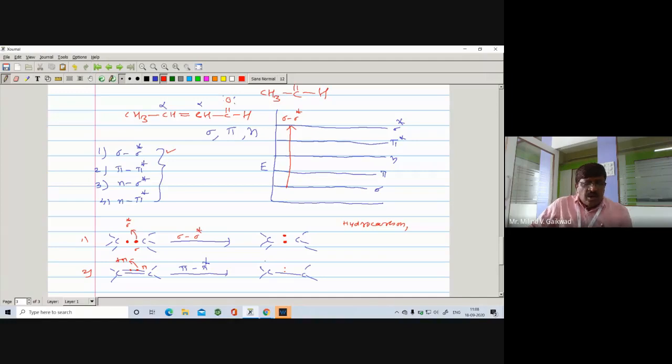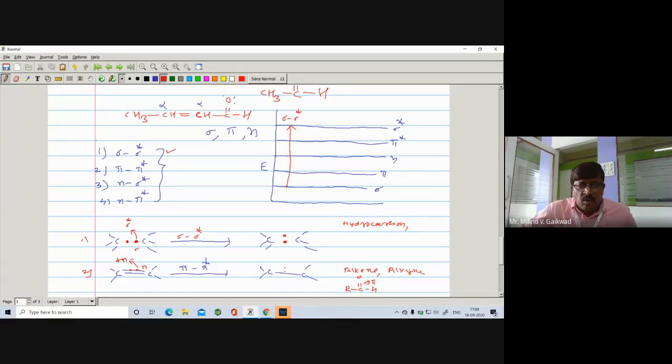Any compound which contains a pi bond, that is a carbon-carbon double bond, as in an alkene, or an alkyne, anything which has a pi bond undergoes pi to pi star transition. Even the carbonyl group, that is, aldehydes and ketones, also contains a pi bond, so it also undergoes pi to pi star. Aldehydes, ketones, esters undergo pi to pi star transition.